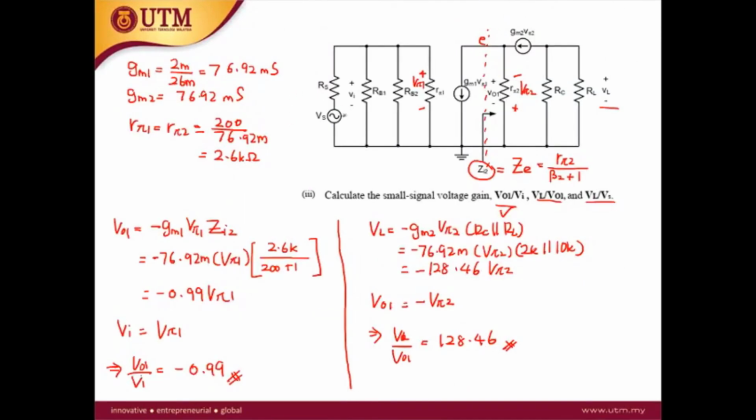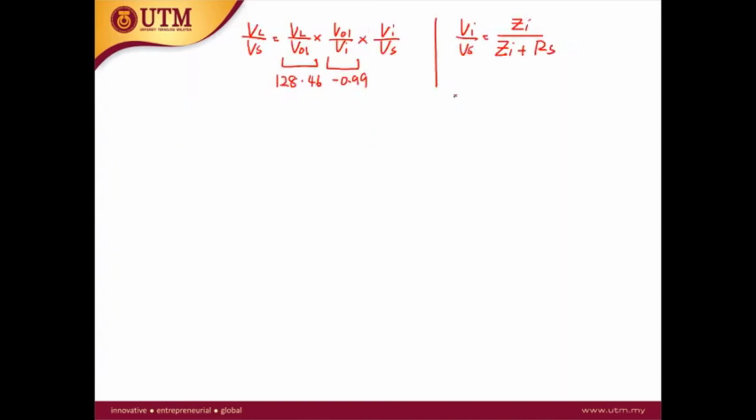So what is ZI? ZI is equal to RB1 parallel with RB2 parallel with R pi 1. RB1 is 33K, parallel with RB2 10K, and R pi is 2.6K.